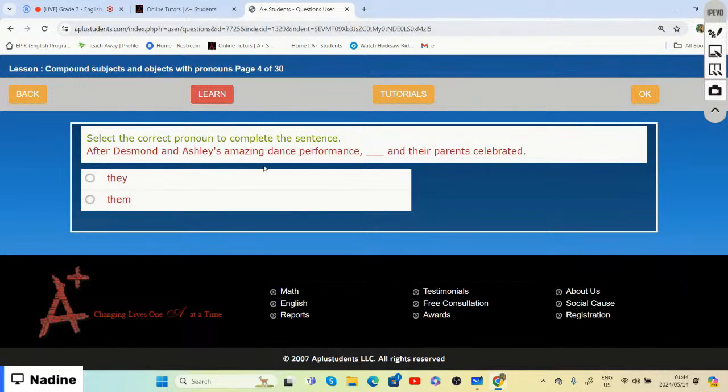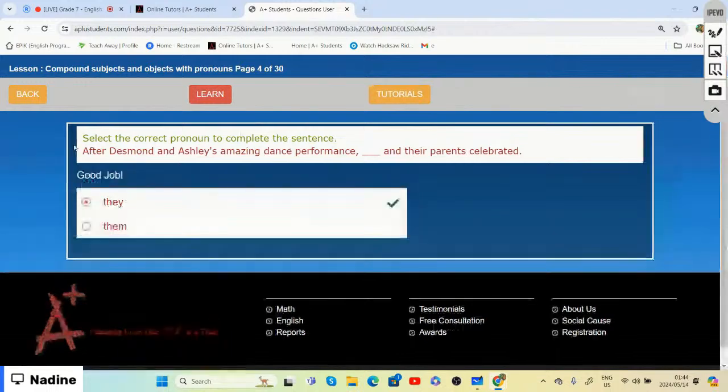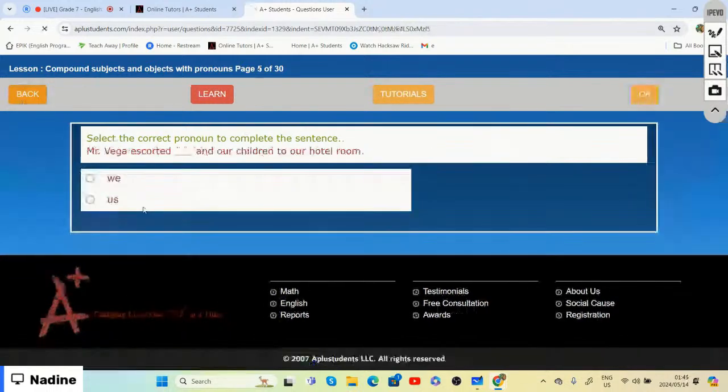If we were to choose the correct one, we can say they and their partners, right?